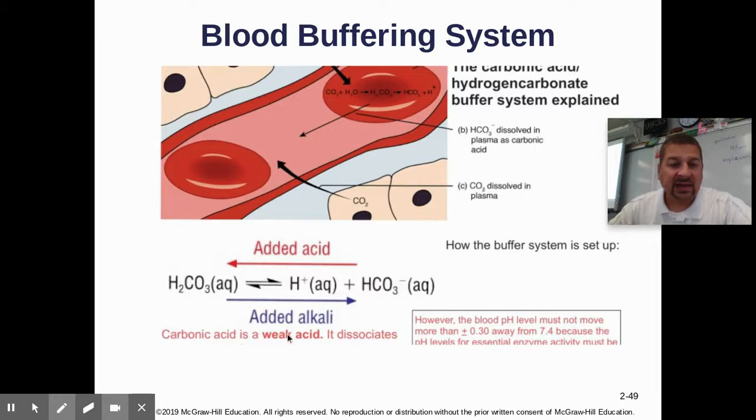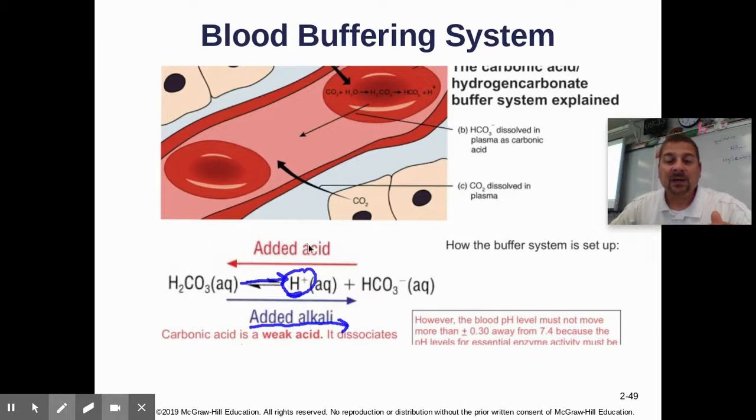It's a weak acid, so it can go this way, and it will release one of those hydrogen ions. If there's an alkali or something basic added to your blood, it will move in this direction and release more hydrogen ions to bring that pH down, because remember, going down is more acidic.